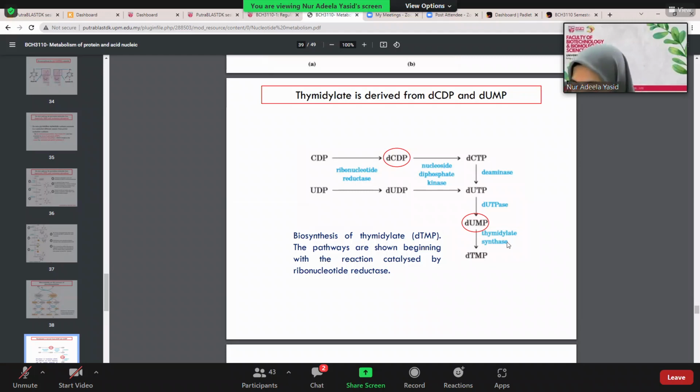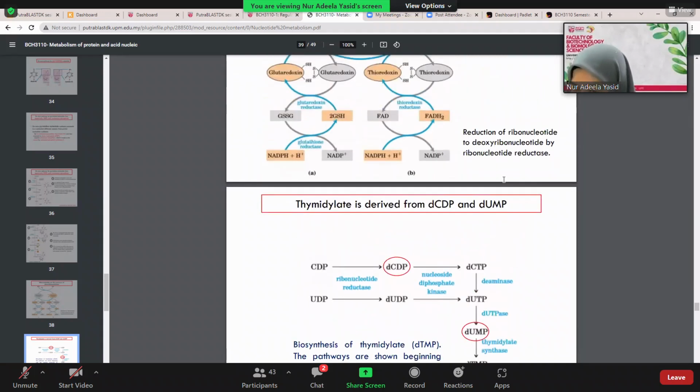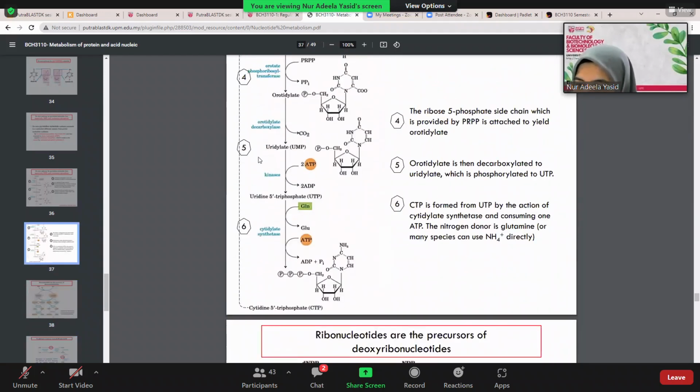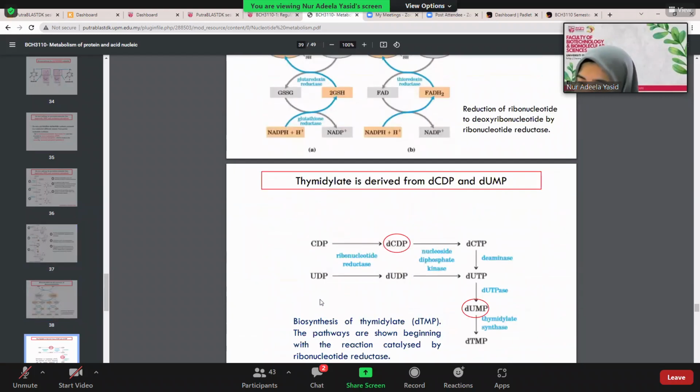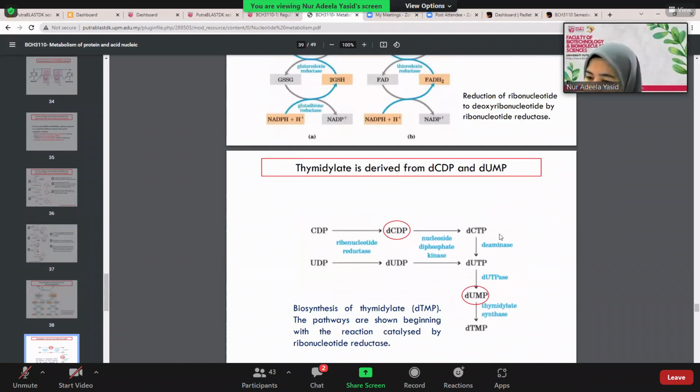From dCTP to dUTP, it involves deamination. Do you remember how UTP is converted to CTP by an amination reaction, the addition of an amino group to UTP to form CTP? So to convert dCTP back to dUTP, it involves deamination, which removes that amino group.